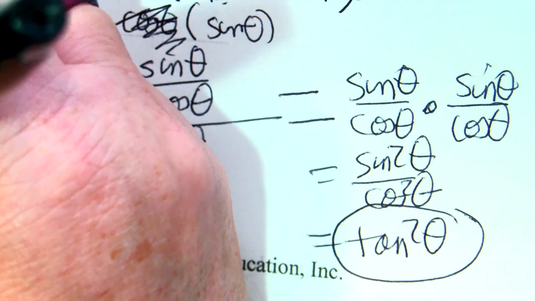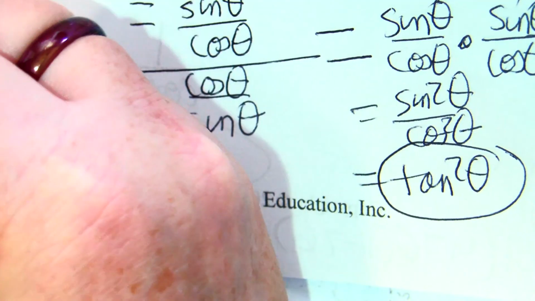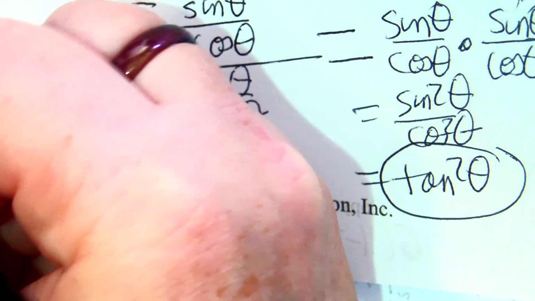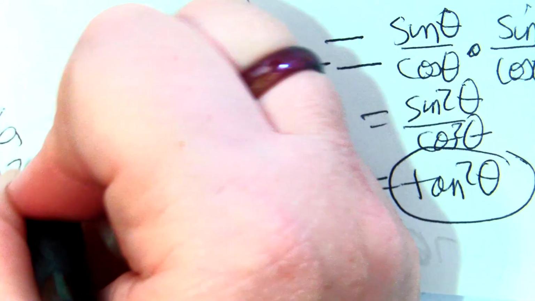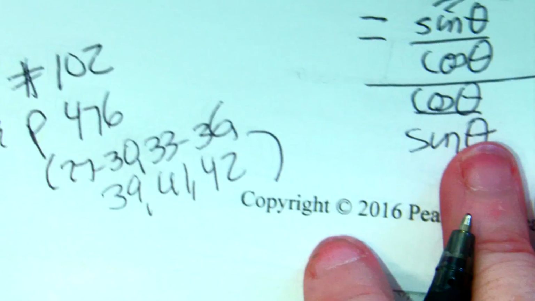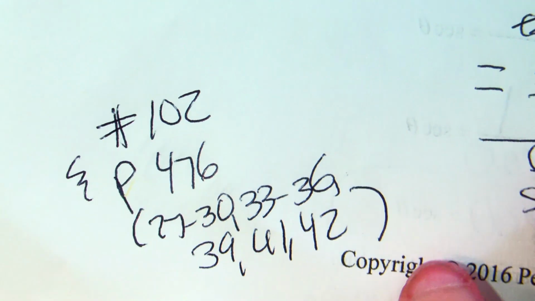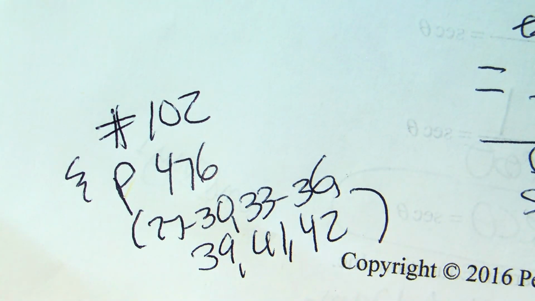I'll take a picture of it. 27 to 30, 33 to 36, 39, 41, and 42, and they're due tomorrow at 10 a.m. So you have one day to do them, which should be plenty of time. And I'll take a picture of the book so you have it.